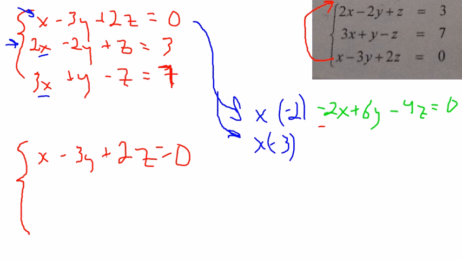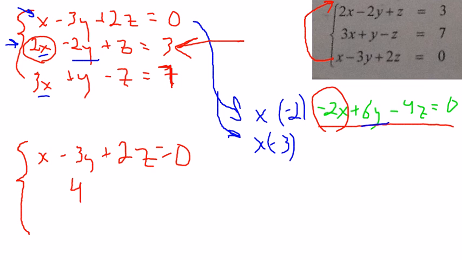Anyway, so back to this. I'm going to take this guy and add it to that line, and I'm going to get rid of this 2 because of that 2. So when I add them, I have no x's. Then I'll do blue. I take this and this, add them. 6y minus 2y gives me 4y.